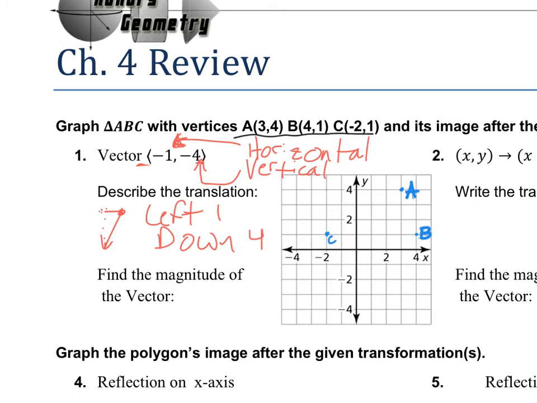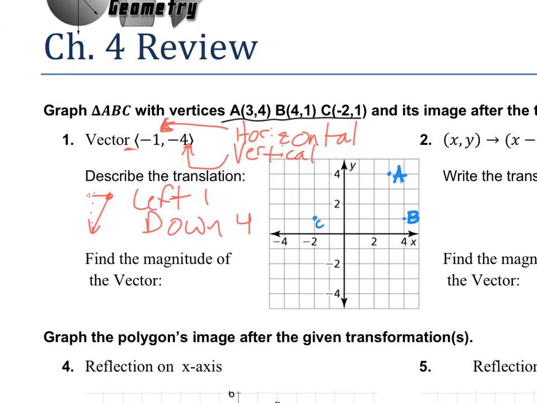All right. So we'll go ahead and make that transformation here. Let's connect these to make this triangle. So here's our triangle. And now that we know that's left 1 and down 4, just take each point, move left 1 and down 4. So take this C, count left 1, down 4.